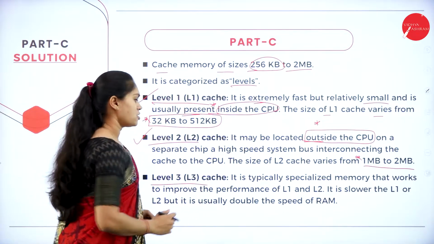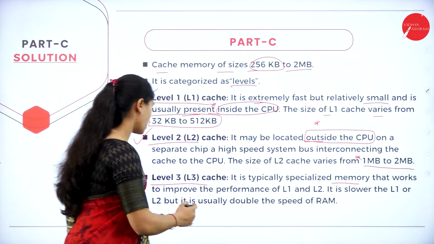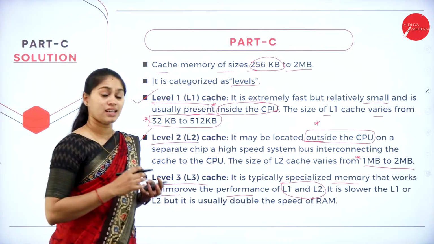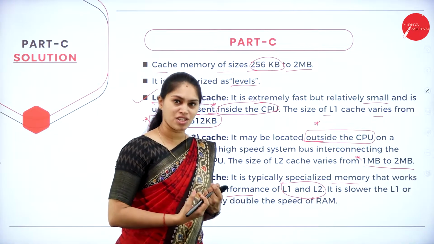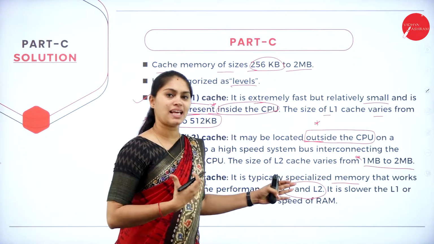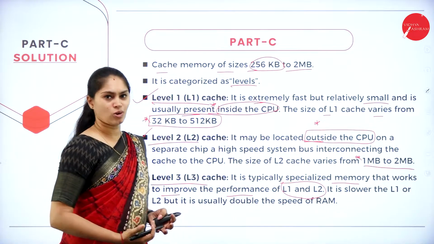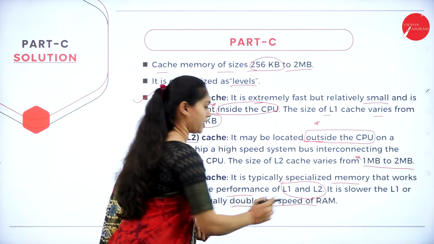Then level 3. It is a specialized kind of memory that works to improve the performance of L1 and L2. This L3 helps improve the efficiency or working capability of L1 and L2. L3 has control over L1 and L2, but it will be slower than L1 or L2, though it is usually double the speed of RAM.